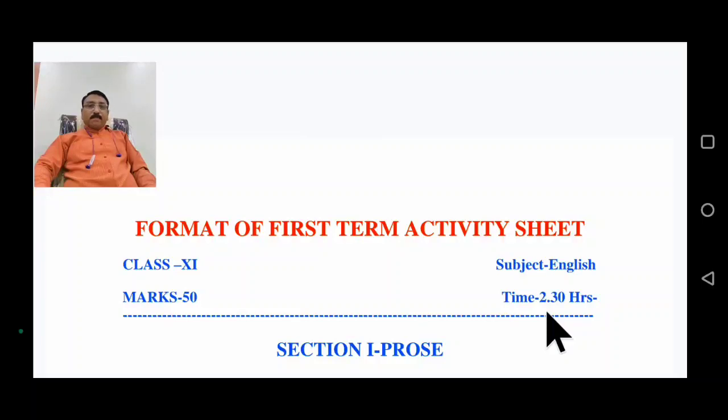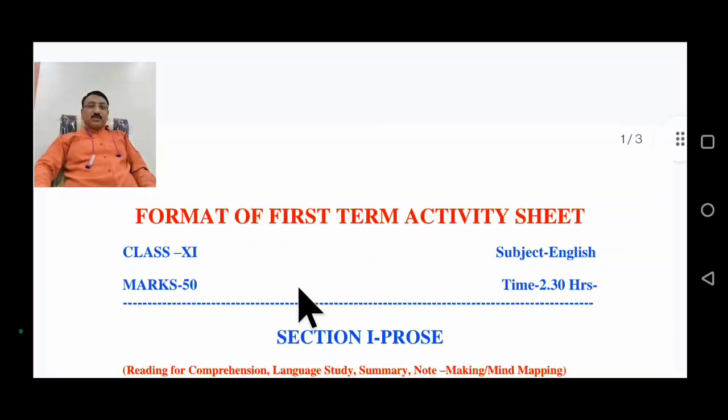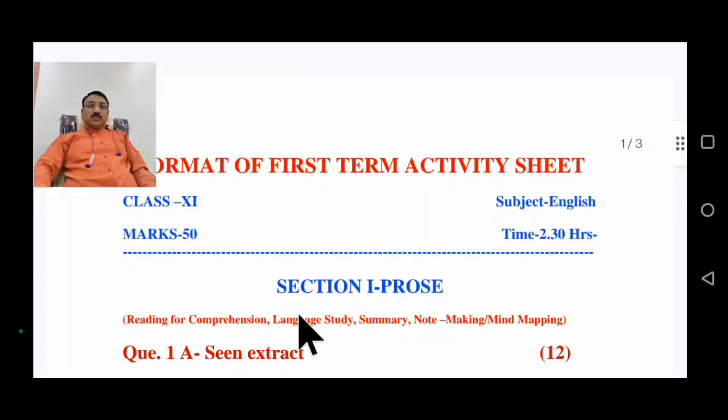It means the students will have to solve all the activities within 150 minutes. As we know, there are 4 sections in the textbook of English language, and the activities set in this activity sheet are based on these 4 sections.